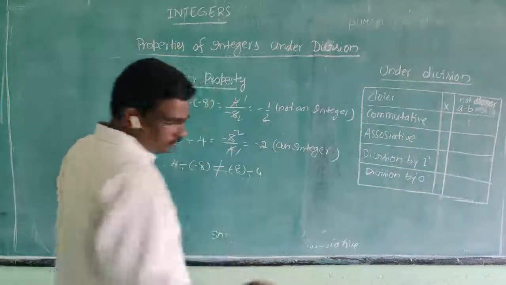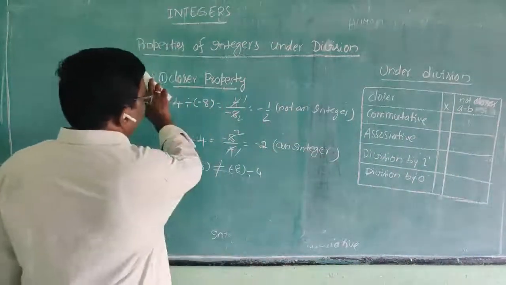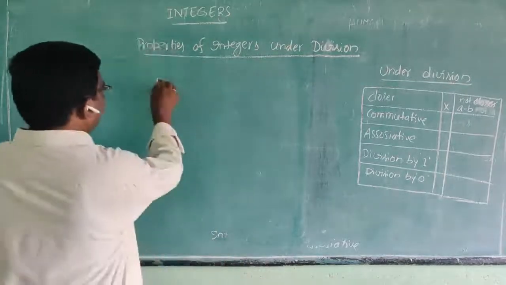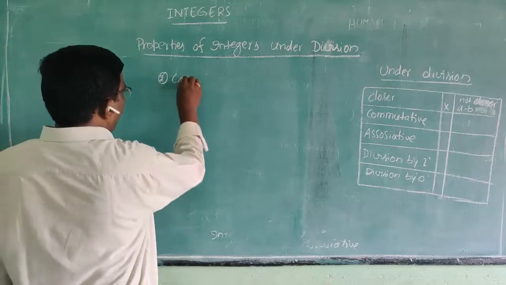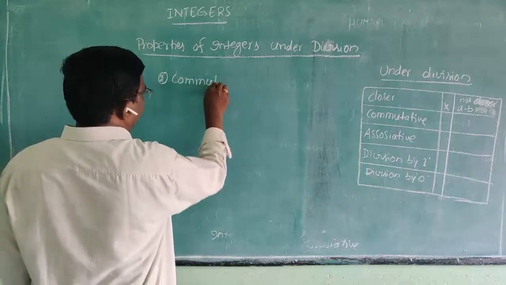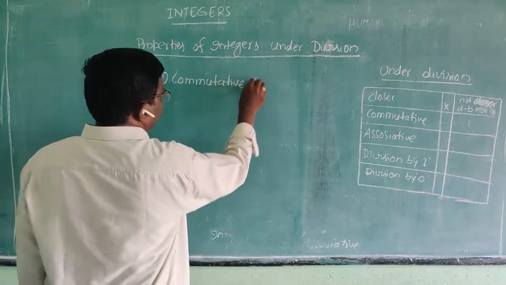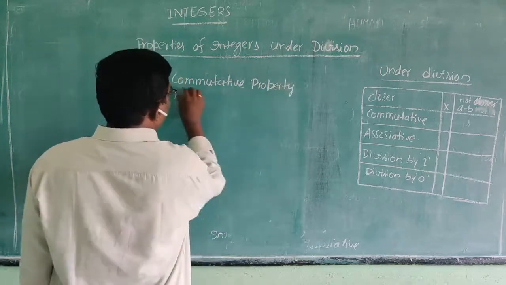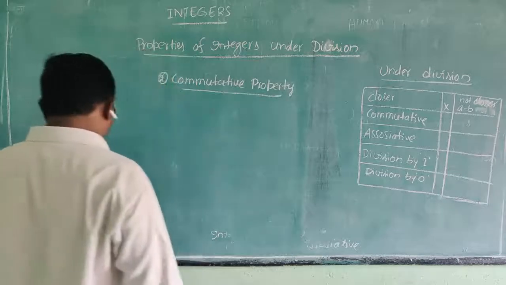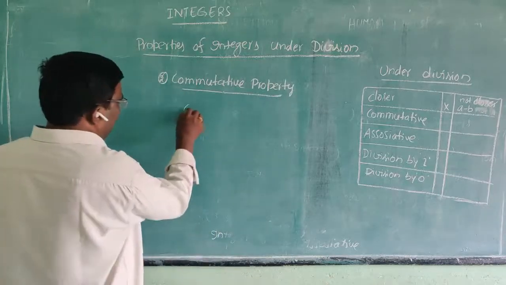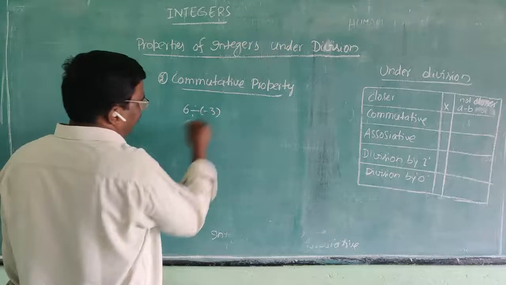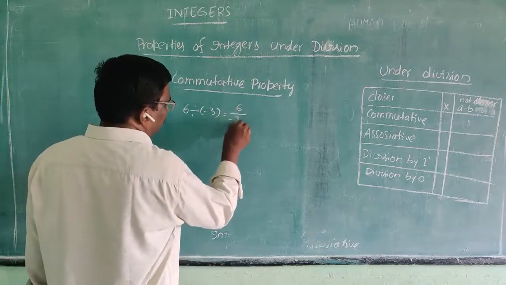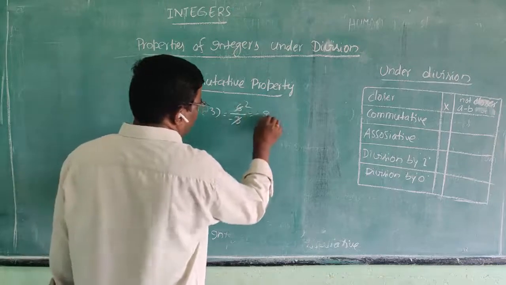Next, second one, commutative property. Let us take 6 divided by minus 3. 6 divided by minus 3 equals 6 by minus 3. 3 ones are 3, 3 twos are 6.